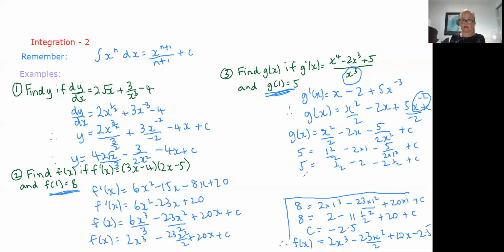In this right-hand side, we get negative 4 plus c. So 5 is negative 4 plus c, so c is obviously 9. So putting that into our equation for g of x, we get x squared on 2 minus 2x minus 5 on 2x squared plus our 9.